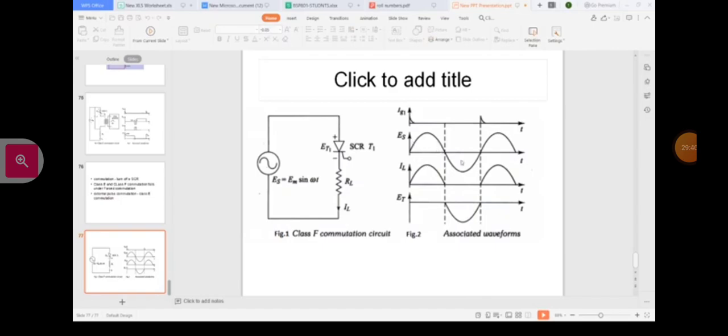During the negative half cycle, the value of current IL is 0. It means no current flows through the SCR, so the SCR is automatically turned off. This is the method to turn off an SCR.